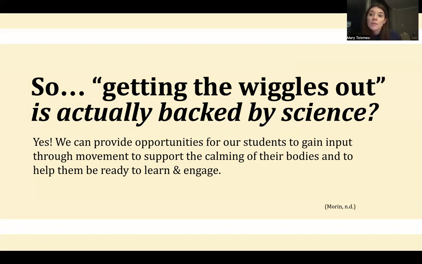And it typically helps our bodies and brains be ready to learn, be engaged, and listen. So giving our friends opportunity to get their wiggles out is actually, yes, backed by science, letting them get movement in. We get that proprioception input from movement as well as from deep pressure.